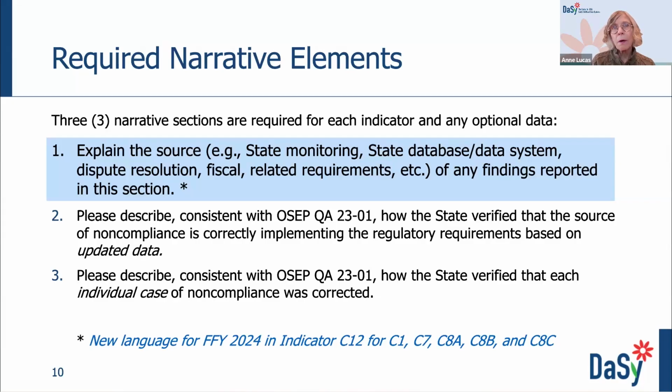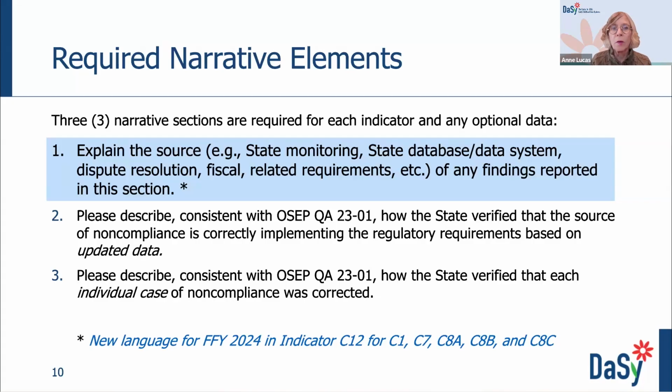The header that was in last year's reporting for the compliance indicators in C12 was around having to explain the differences in the numbers of findings that were issued for the actual indicator, like C1, versus the additional findings that you were reporting.